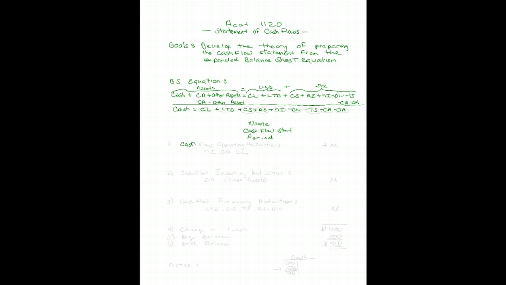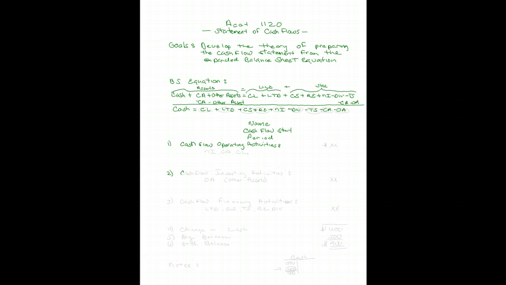We're going to have cash flows from operating activities. Some will be positive, some will be negative. We'll net them to one number that's cash flow from operating activities. That's where we'll turn net income to a cash basis. It's one big section of our cash flow statement.